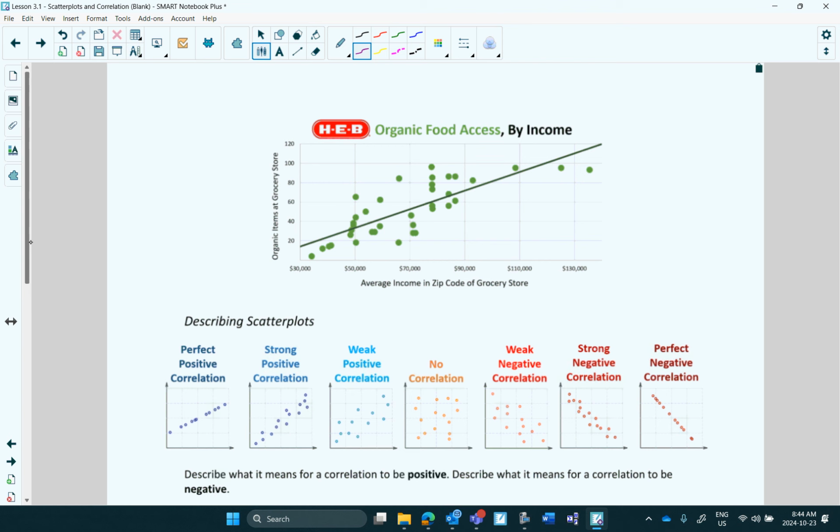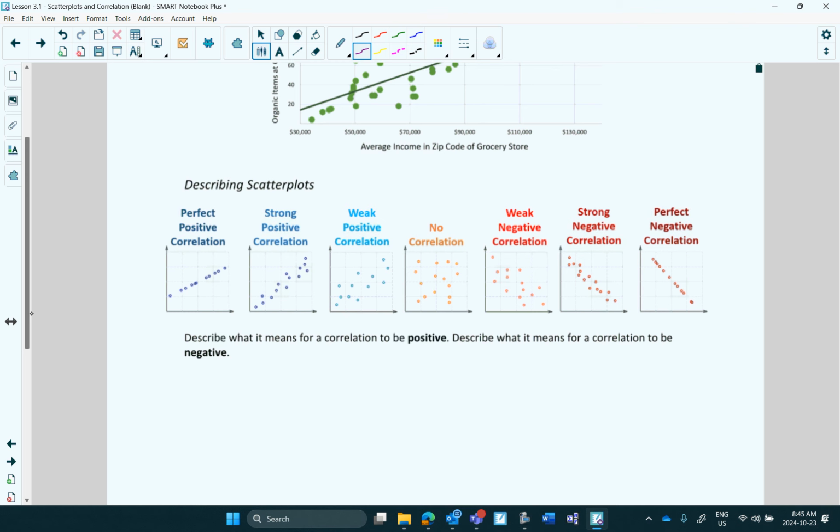I'll explain this line in a second. Some of you may be familiar with it already from science courses. Okay? But just for now, look at the dots. And we want to see a pattern in the dots. And usually we see this pattern or the following patterns here.